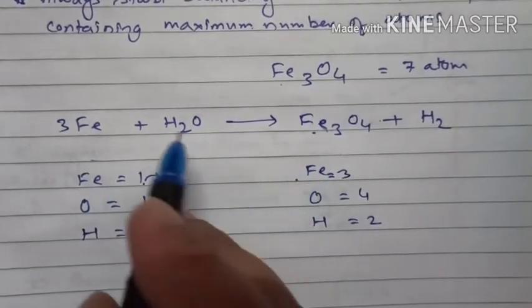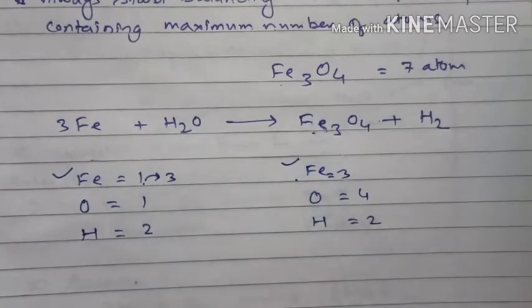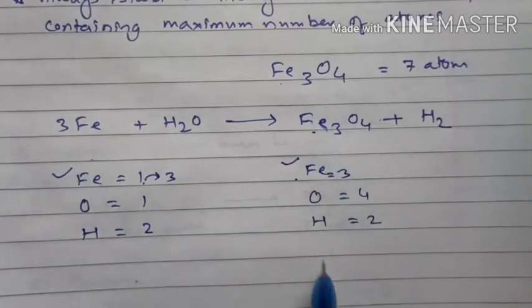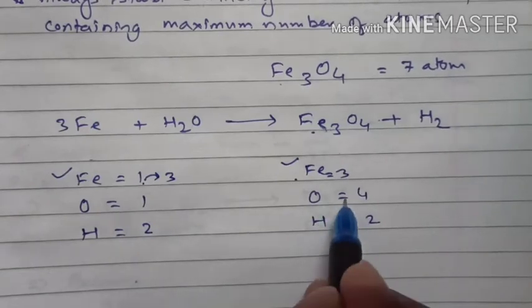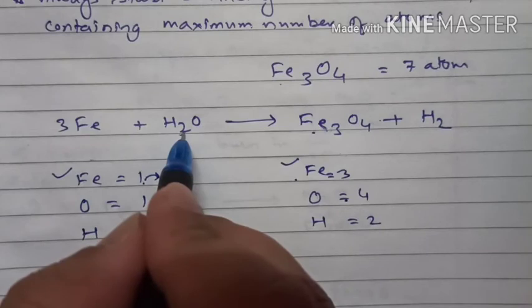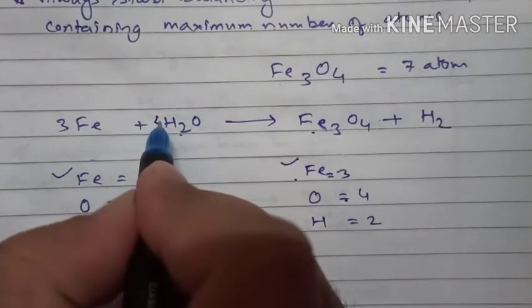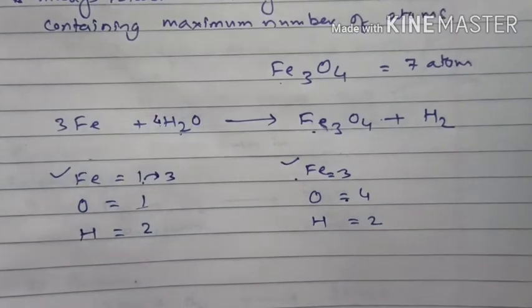Now the iron is balanced, correct? Next we have to look at oxygen. Oxygen over here is 4 and over here only 1, so we increase it by adding 4 over here.